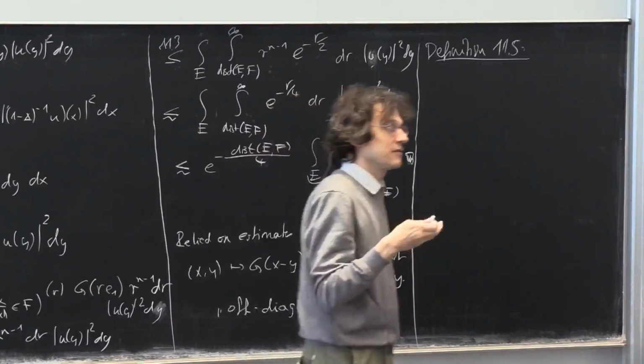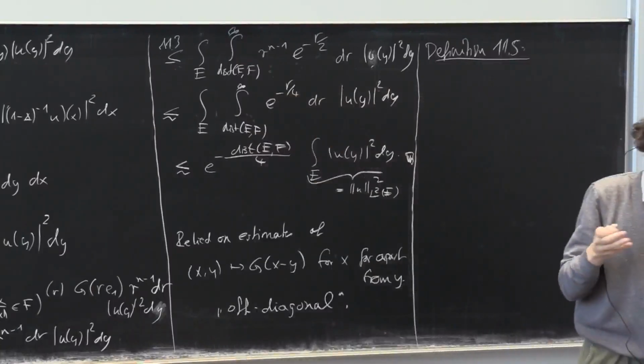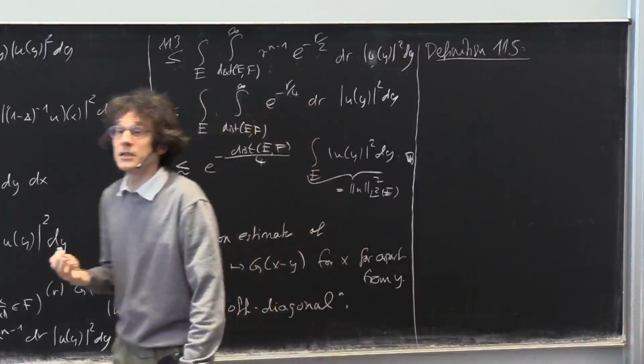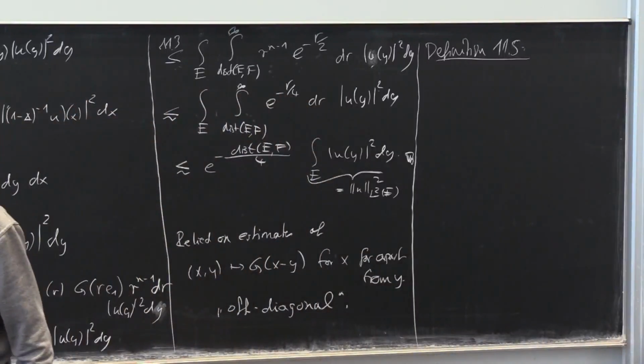If you have one point on the real line, like the minus 1 here, where you have an off-diagonal estimate, then you can get the scaling in lambda just by scaling your estimate. You do not need to redo the proof for lambda. You can just do the right substitution and everything works out.